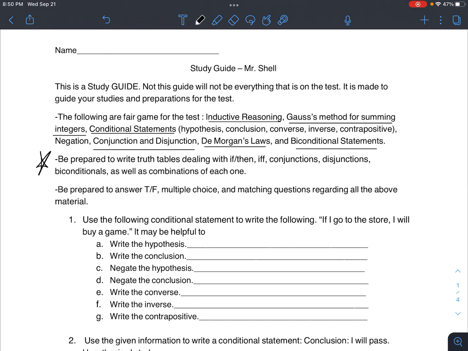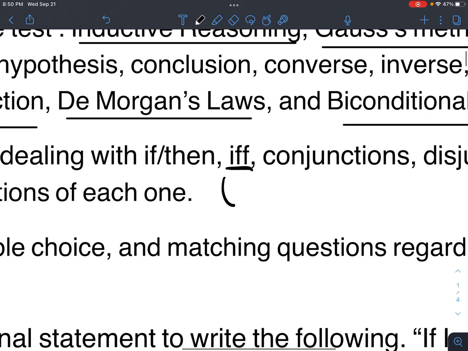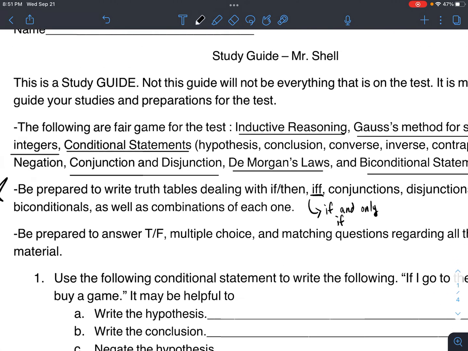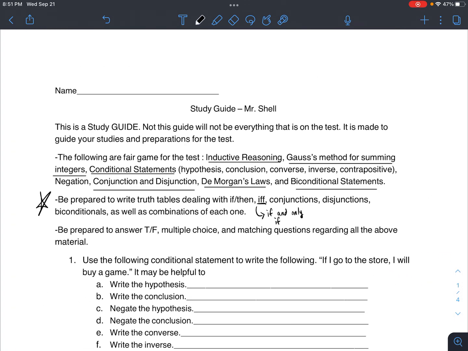So now, be prepared to write truth tables dealing with if-then statements, if and only if. Remember that. Conjunctions, disjunctions, biconditionals, as well as combinations of all of these.